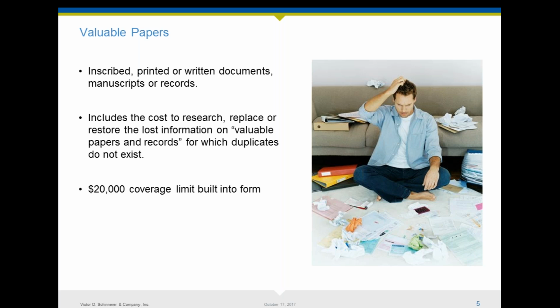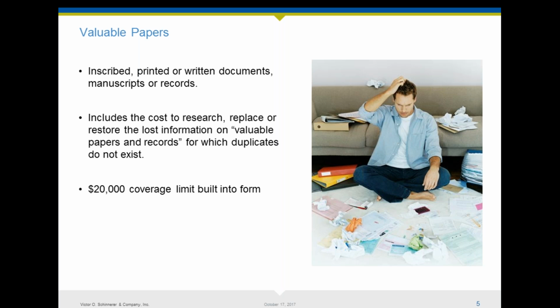I can't stress that enough, that these come into play after the loss. So valuable papers are included. We include $20,000 for the coverage limit, and this includes the cost to research, replace, or restore the lost information on valuable papers and records for which duplicates do not exist.